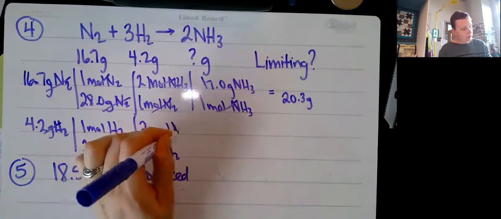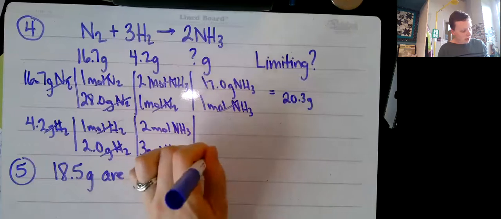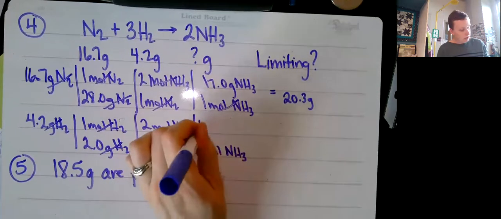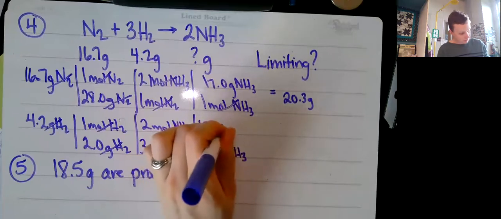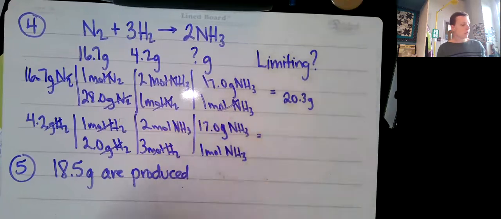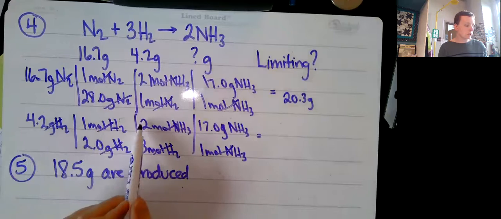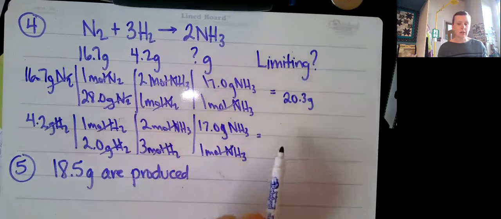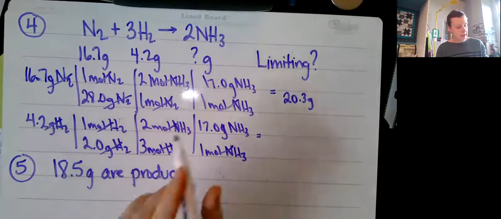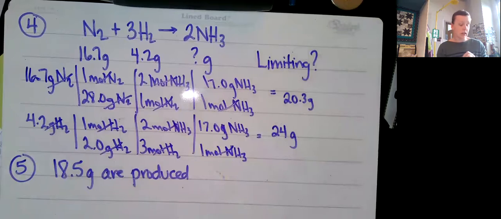And our last step will end up being the same as above because we're trying to get to mass, and the molar mass of NH3 is not going to change from one problem to the other. All right, so now we go 4.2 divided by 2 times 2 divided by 3 times 17. We get 2 sig figs for this one, and it ends up being 24 grams of NH3.